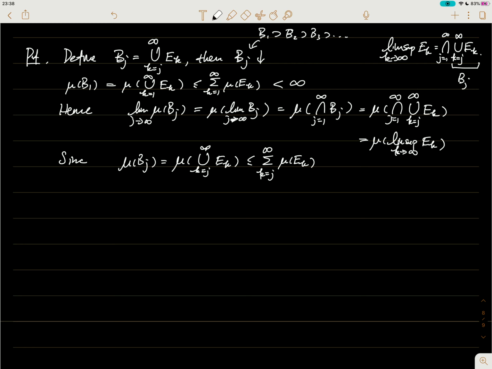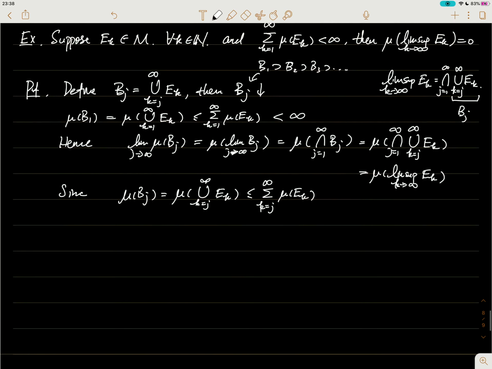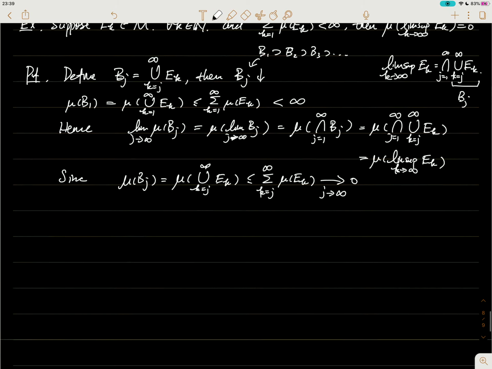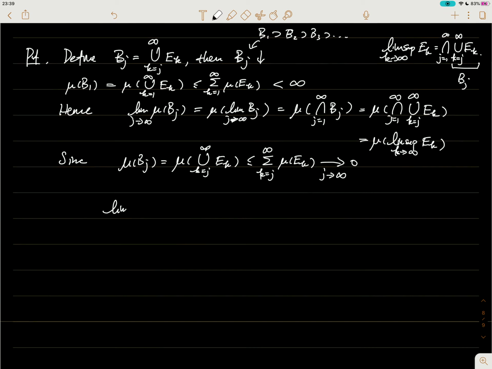And remember that this series is finite. So the tail must be approaching 0 for j tending to infinity. Right? The tail must go to 0 as j goes to infinity. And in other words, the limit of this mu of B_j should be equal to 0.